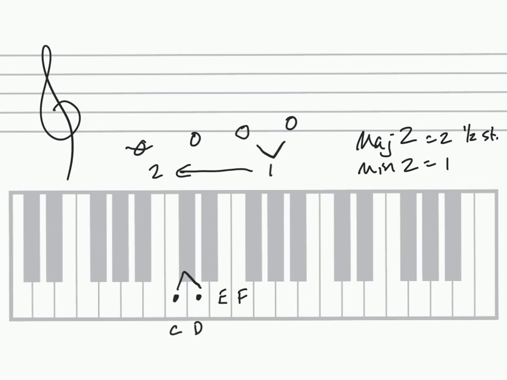Minor second equals 1 half step. So you could see, even without identifying the notes, from there to there is a major second, from there to there is a minor second, from here to here is a major second, from there to there is a minor second. So those are just other names for whole steps and half steps.